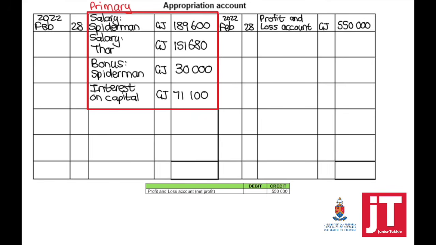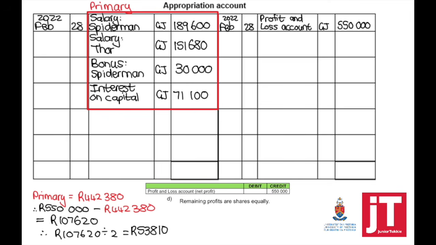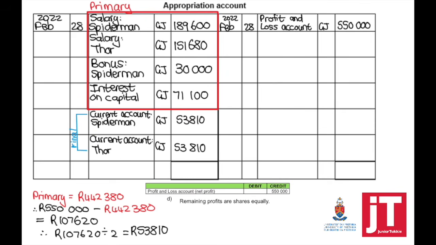What does it consist of? Salary, bonus, interest on capital. Primary equals 442,380. So now we need to take the net profit, 550,000, minus the primary. The remaining will be shared equally between the partners, and that's why we divide it by 2.